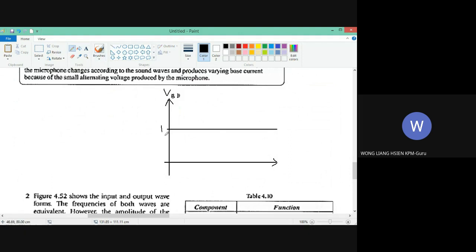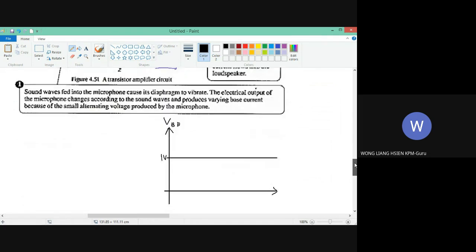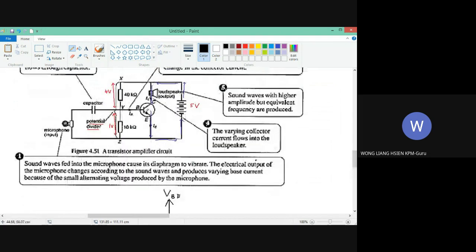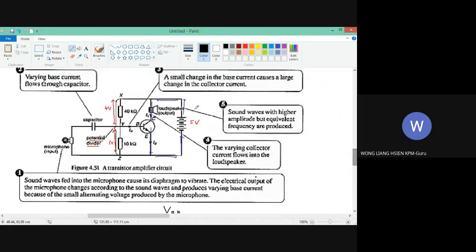So this is 1 volt, constantly 1 volt between the base and emitter. Because the voltage is constant, always 1 volt, the current that passes through the loudspeaker is also always constant, always the same, doesn't change.